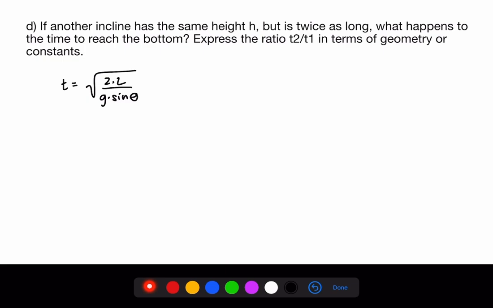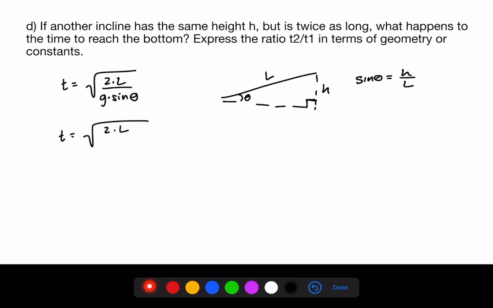Now, what's important to solve this is to remember what sine of theta can represent. If we look back at our incline, this is theta, and it can form a right triangle with our incline, where the hypotenuse is our L and our opposite side is our h. Sine of theta equals h over L. So let's replace that in our equation and get that t equals the square root of 2 times L over g times h over L. We can simplify this, moving the L to the top to get 2L squared over g times h.